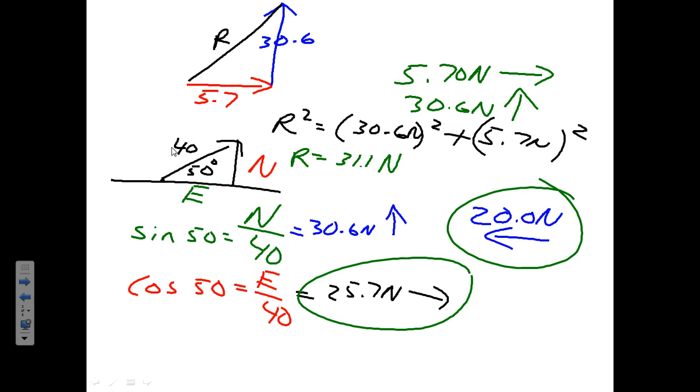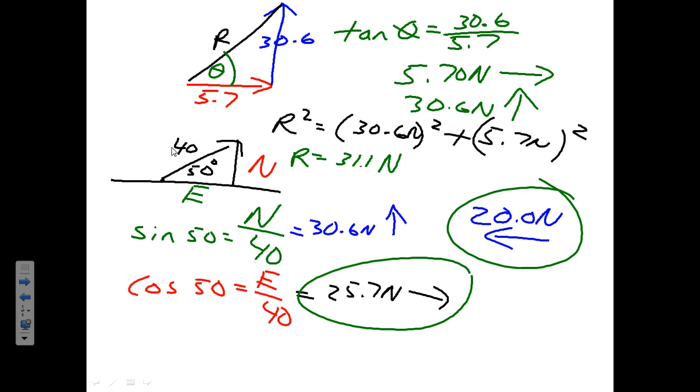And remember that, again, the angle that we always want to find, so we're all consistent, is the smallest angle between our resultant and the horizontal. That angle right there. And we can find that angle using tangent. Call this theta, and we can say the tangent of theta equals opposite 30.6 over adjacent 5.7.